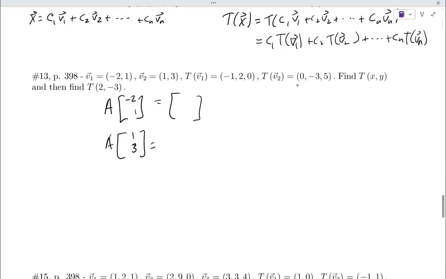You're trying to figure out what A is from there? Seems like a lot of equations to try to solve, because I got 6 entries you have to figure out, right?